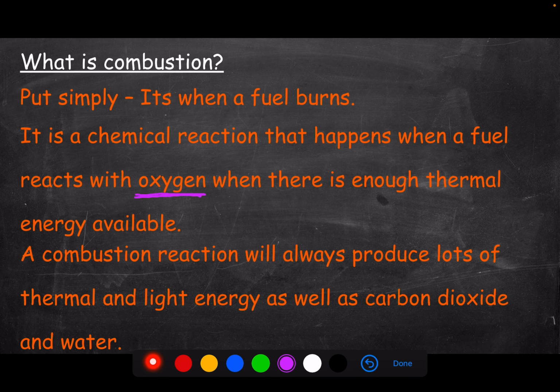There has to be oxygen, and then a fuel can combust, right? The oxygen reacts with the atoms, and with the thermal energy breaking those bonds, new bonds can form with oxygen being there. And that causes energy to be released. So a combustion reaction will always produce lots of thermal energy and light, right? Example, if you think of any fire, that happens. As well as carbon dioxide gas and water.